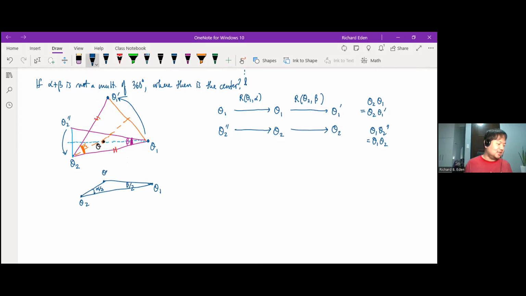So to summarize, ganito. Okay, so consider R O1 alpha followed by R O2 beta. Assume that alpha plus beta is not a multiple of 360 degrees.